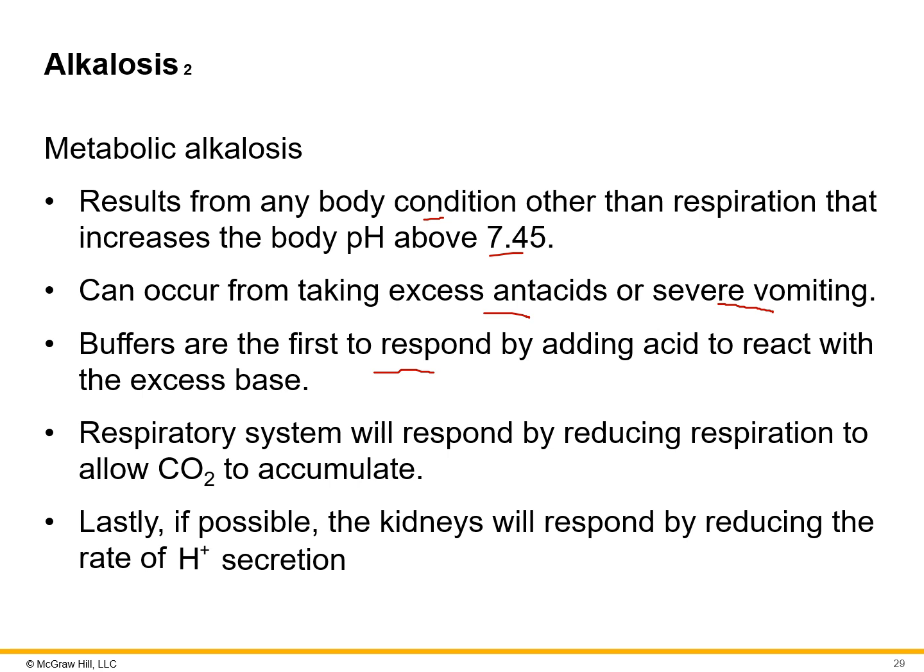Then the respiratory system will decrease respiration, hypoventilating, which allows the carbon dioxide to accumulate. And then finally, the kidneys will respond by reducing the rate of secretion, so holding on to those hydrogen ions.